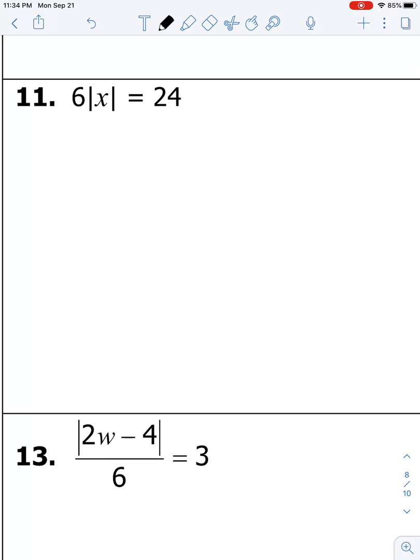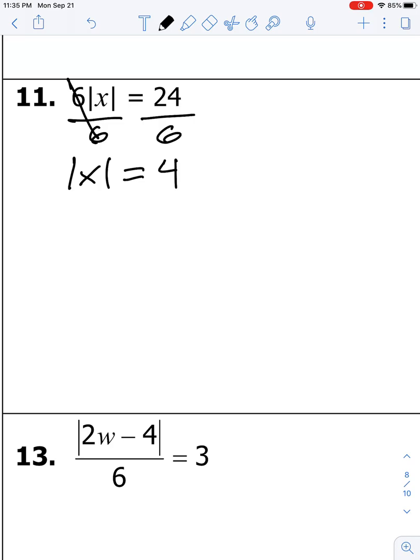Because remember, the absolute value has to be by itself. Well, anything multiplication-wise, you get rid of by dividing. So we're going to divide by 6. And you can see that that's now gone. We have the absolute value of x equals 24 divided by 6 is 4.